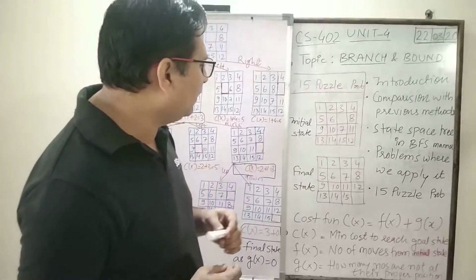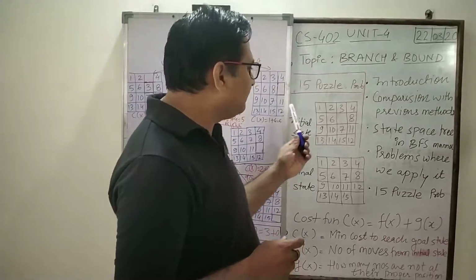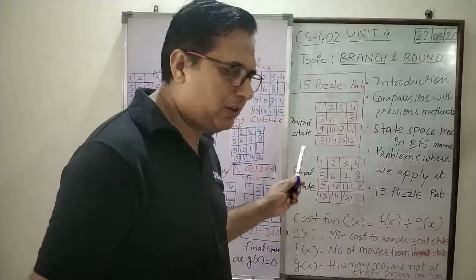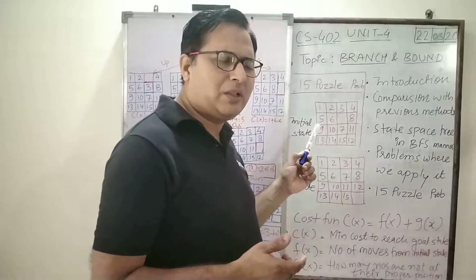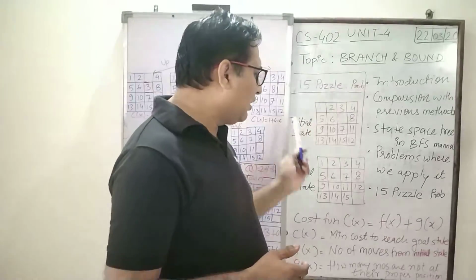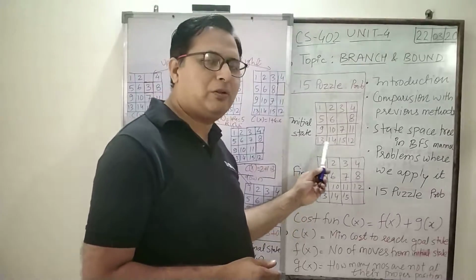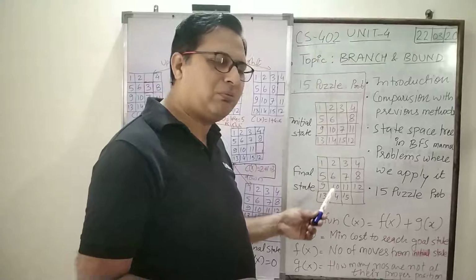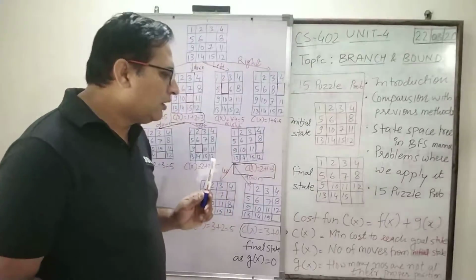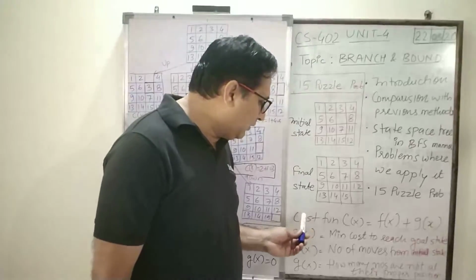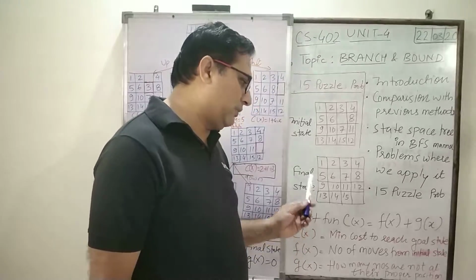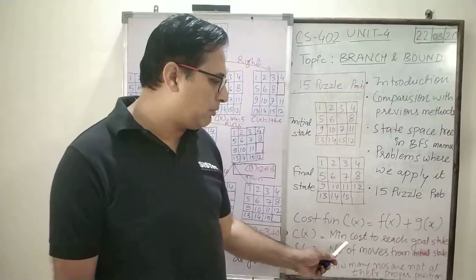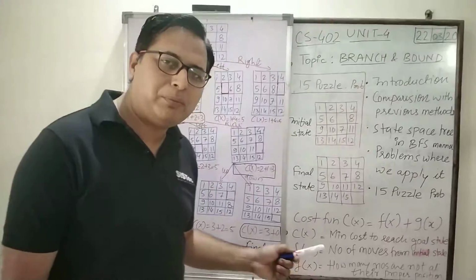Now we consider this problem where we are given a 4x4 board where 15 numbers are placed. We will be given certain positions of the numbers. In the final position, the numbers will have their proper positions, just like 1 to 15, arranged in order. As I have told, we will calculate the cost function. Here, c of x equals f of x plus g of x, where c of x is the minimum cost to reach the goal state.